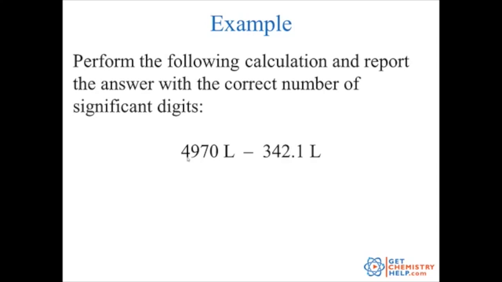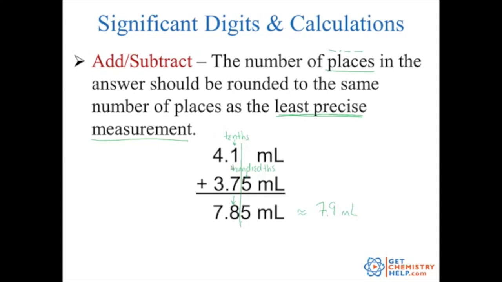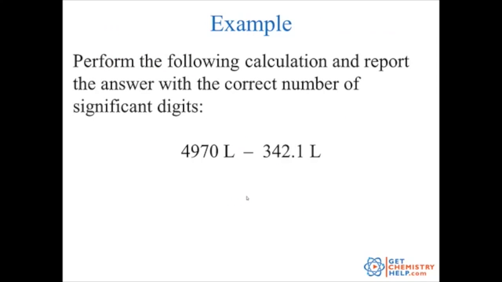Now this one says 4,970 subtract 342.1. Now, as you notice on the last one, it was pretty handy to have these lined up when they're various places. I had the ones lined up, the tenths lined up, the hundredths lined up. So I'm going to do the same thing here.